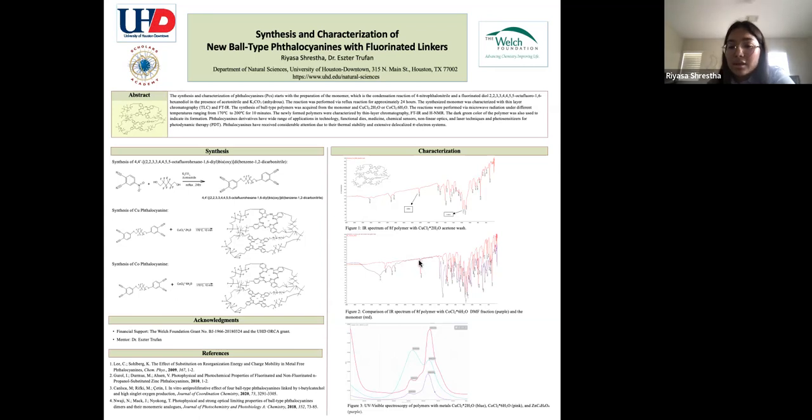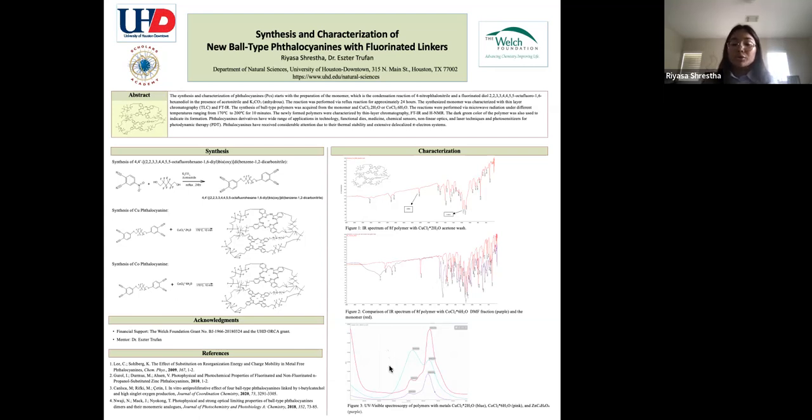As you can see, the peak for 2235 for the purple line is very small, and I'm still in the process of purifying it so that I don't see that peak at all. Another thing that we look for in the IR is the presence of these peaks here, which is the emergence of the C=N double bond in the ball-type phthalocyanine, which can be seen in the structure itself. So that's how we characterize if we have gotten the correct structure or not.